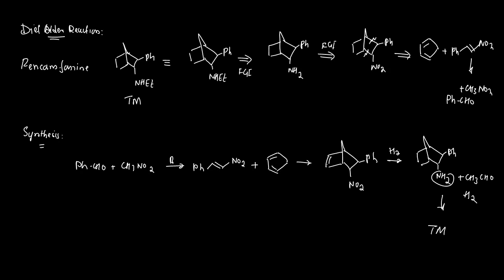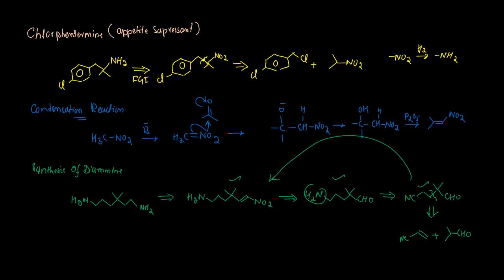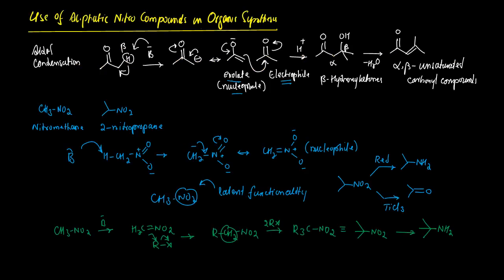So this is all about the application of nitro compounds, especially aliphatic nitro compounds, in organic synthesis. I hope many things would have been cleared by presenting different examples of condensation reaction, alkylation reaction, because these all represent the application of nitro compounds in organic synthesis. Thank you for watching this session.